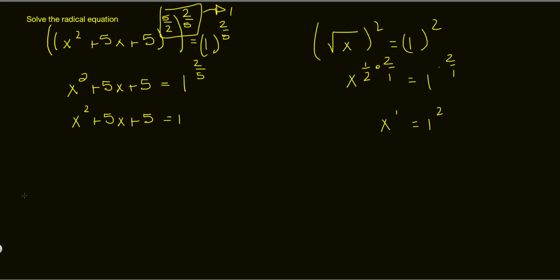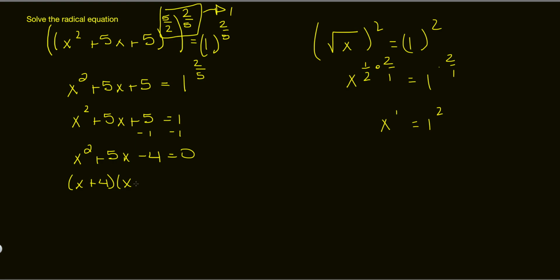We have a quadratic, so we need to move that 1 over and make this equal to 0, so subtract 1 from both sides. So now we have x squared plus 5x minus 4 equals 0. Now we could solve this by factoring, or whatever method you want to use.